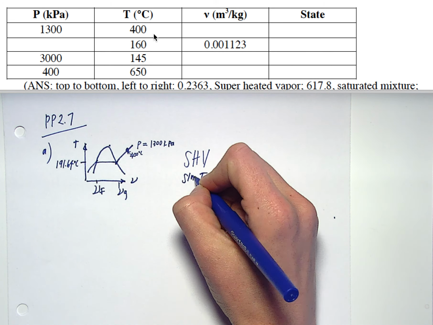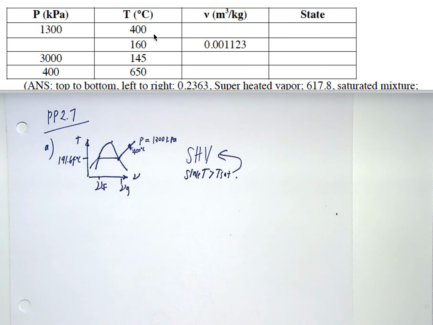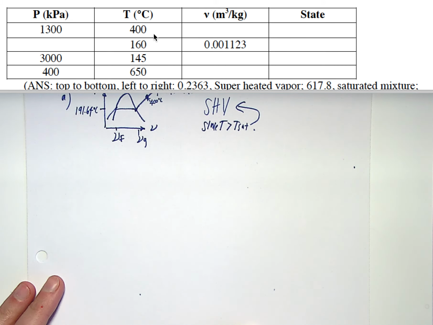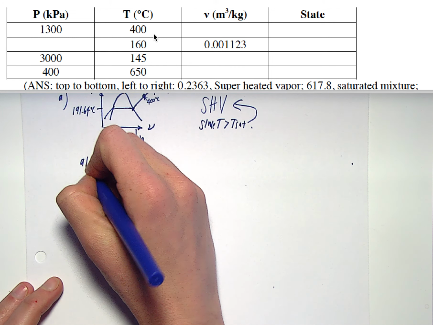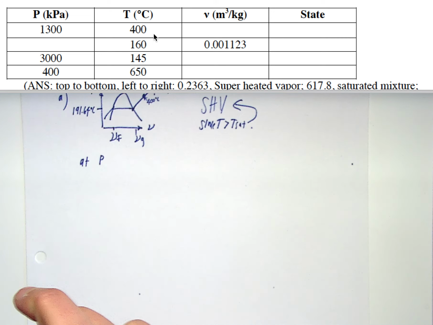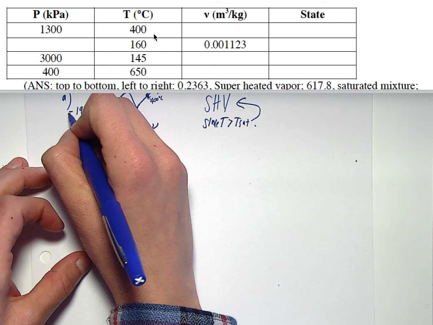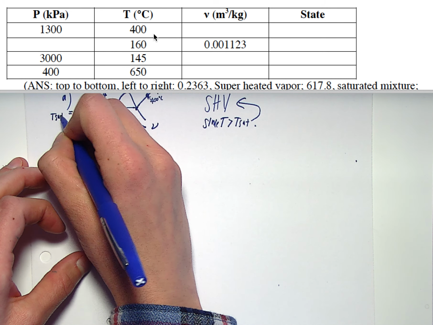So since T is greater than T saturation, we're superheated vapor. So the information that we just looked up in the superheated vapor tables, and this is T saturated. I'll just have this in here so you have it in your notes.